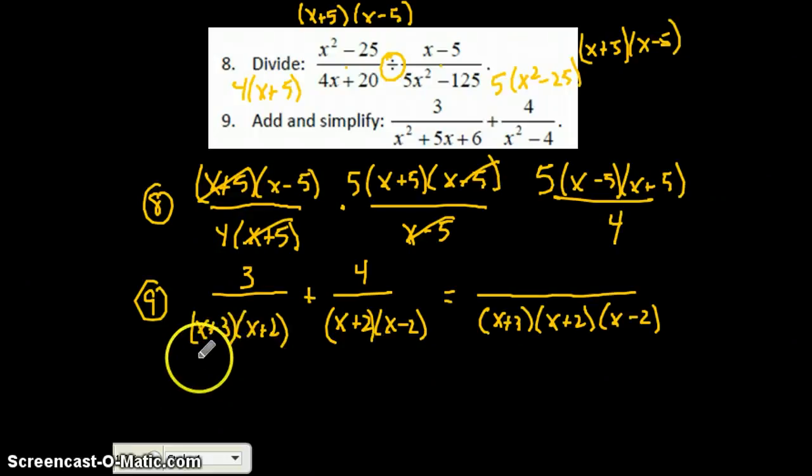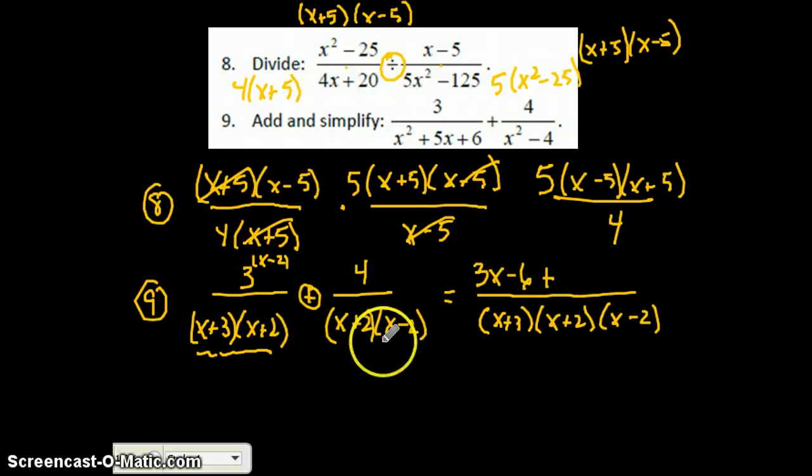All right, I look over here and I ask myself, what's missing? I'm missing an x minus 2. X minus 2. So I'm going to multiply that. 3x minus 6. Plus, that plus came from here, okay? And now what am I missing here? I'm missing an x plus 3. X plus 3. If you've been following my videos, that's how I do that. 4x plus 12. Okay, well let's just work with the top. 3x plus 4x is 7x.